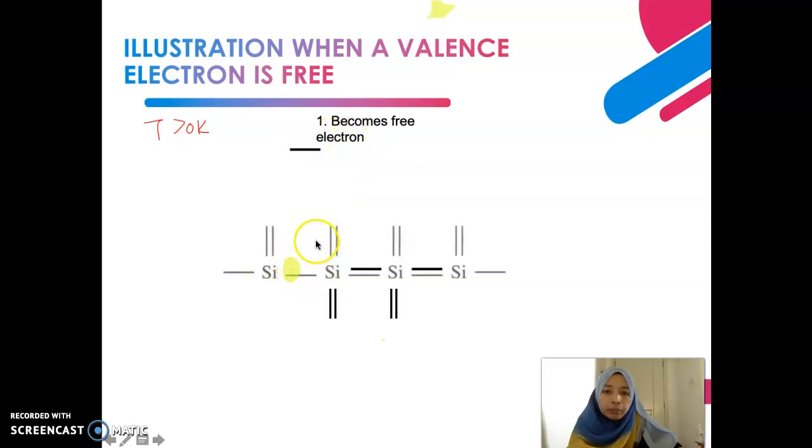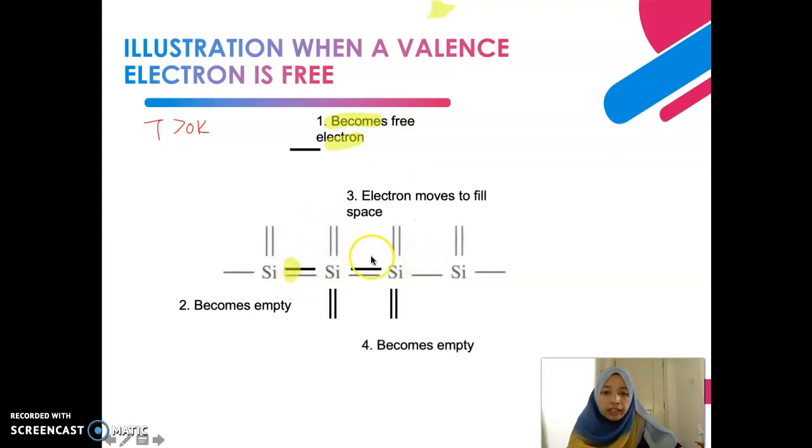Means that it start to break the covalent bond and it become a free electron. So once it become free electron, here will become empty and the electron start to move here, right? Your free electron start to move from one to another. So there will be hole here and it start to move again, and that's where the current will flow.